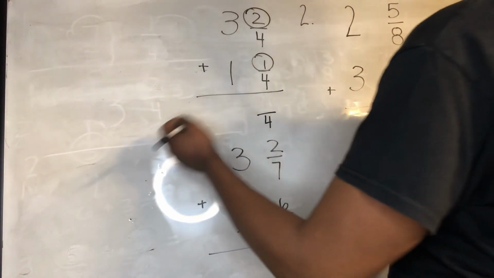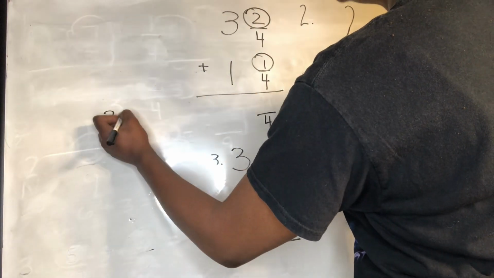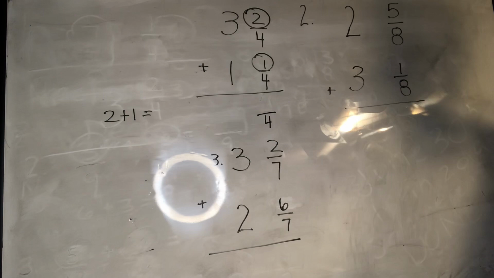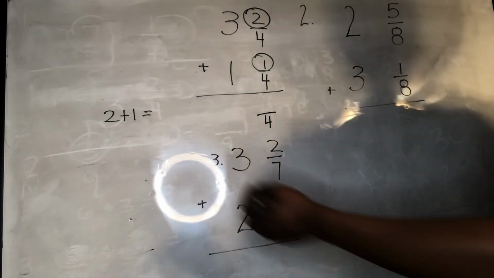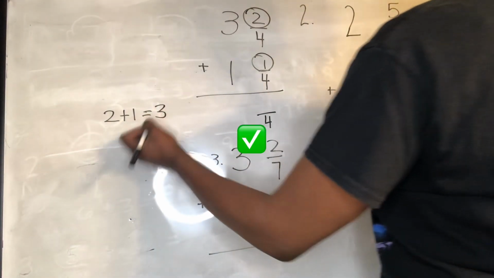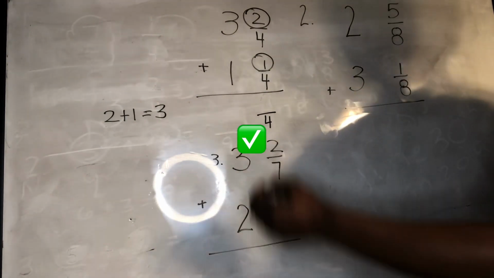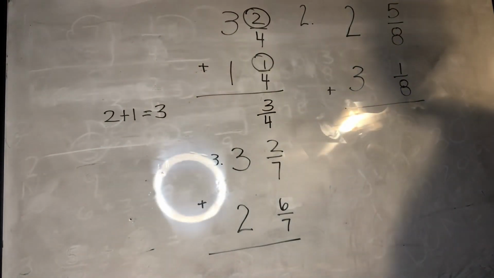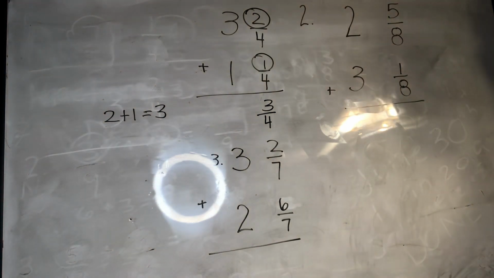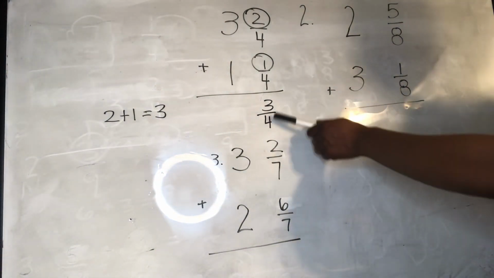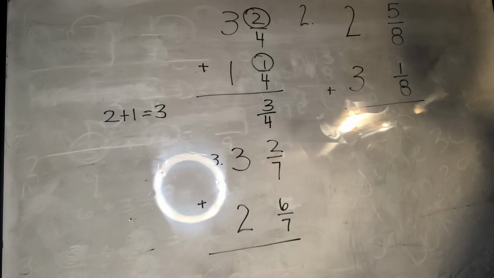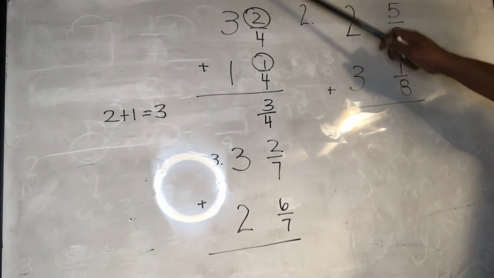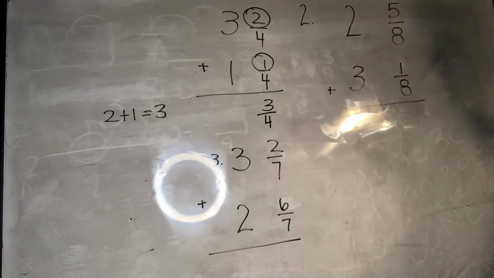So I'm going to now write my number sentence, 2 plus 1 equals. I'm at 2. I only need to go up one time, so we all know that should give us a 3. So that's going to be the answer for my numerator. Just like any other fraction problem, we have an answer of 3 over 4. So now, guys, we are done with this side of the problem.